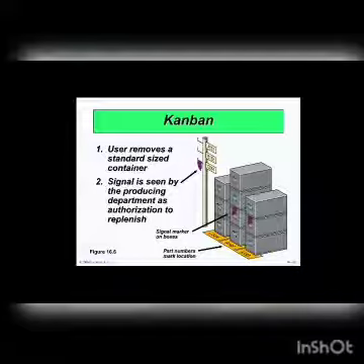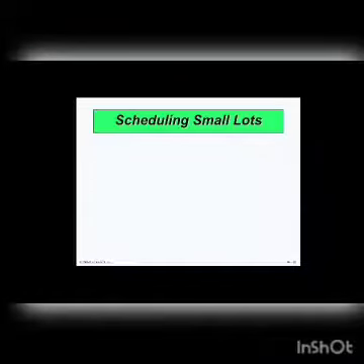Once a Kanban container is removed, there is a signal that is passed to the next department, indicating that one raw material has been used and it needs to be replenished. The signal is seen by the producing department as authorization to replenish.